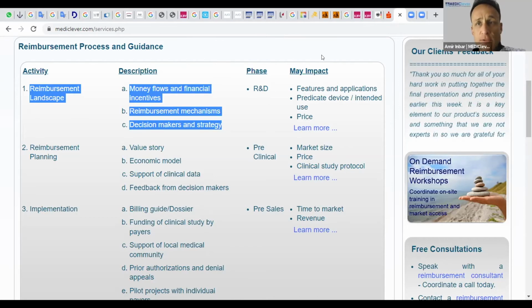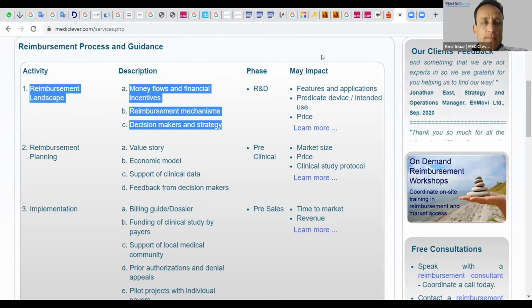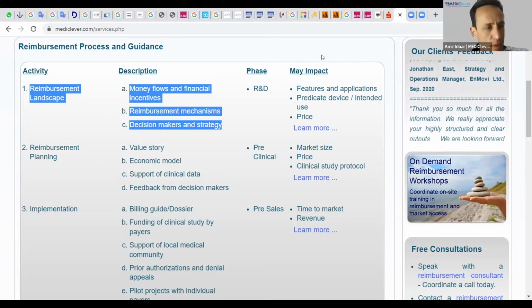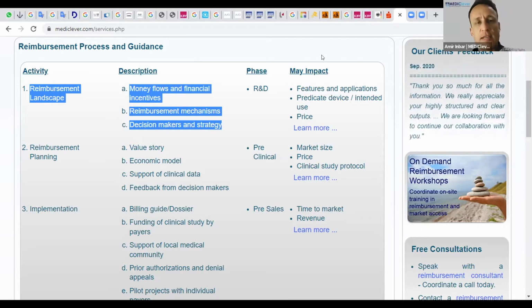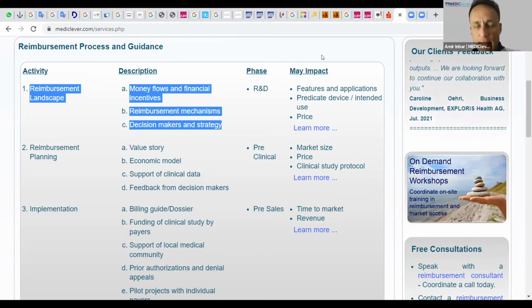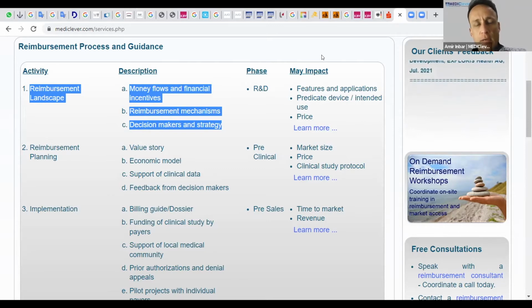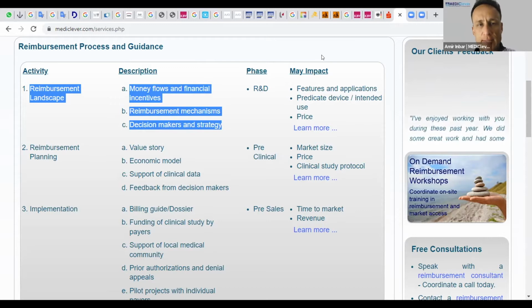Now, to answer your question, what they should be aware of, I think one of the most important things is to understand whether or not the product that you're planning to launch or commercialize could be commercialized under existing reimbursement mechanisms or not.